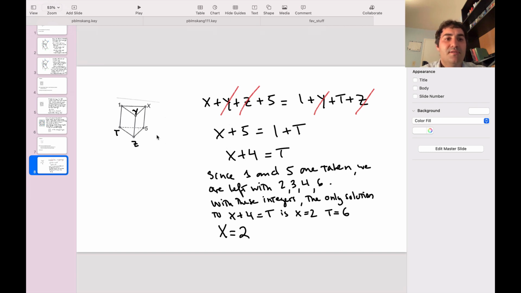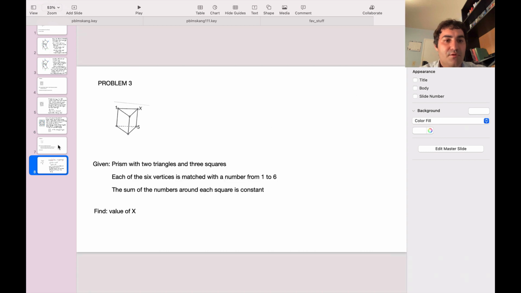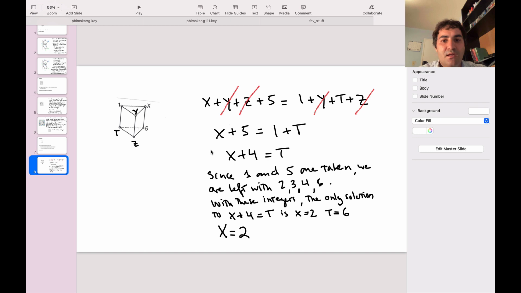Now we've already used up 5 and 1 for these vertices, and remember we have to choose numbers between 1 and 6 for the other ones. So the numbers that we're left with are 2, 3, 4, and 6. Well, if t equals x plus 4, then the only solution we can get using these numbers is x equals 2 and t is equal to 6, right?